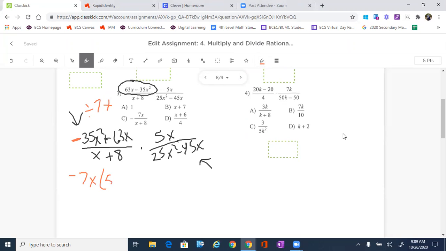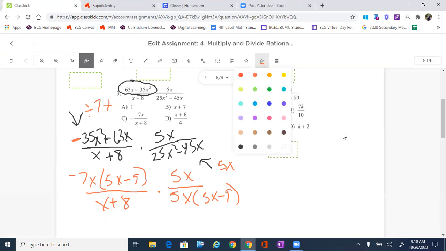That's going to leave me with 5x minus 9, 7 times 9 is 63, over x plus 8 times 5x. The greatest common factor in 25x squared minus 45x is going to be 5x. So I'm going to take out 5x, and I'm going to be left with 5x minus 9.